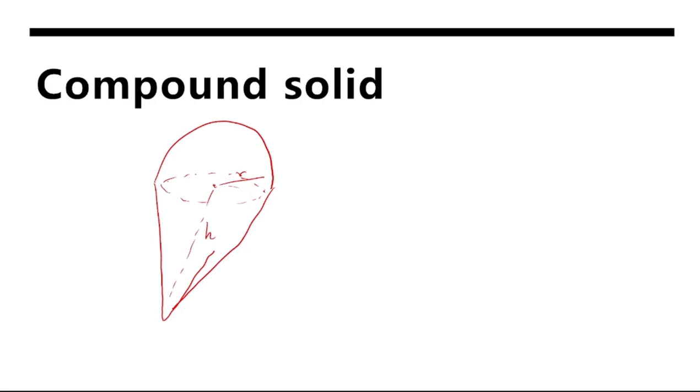We just see it as 2 separate solids, so we just calculate half the sphere. The sphere is 4 over 3 pi r cubed, times half, plus the cone. Cone is 1 over 3 pi r squared h. So this is the volume.